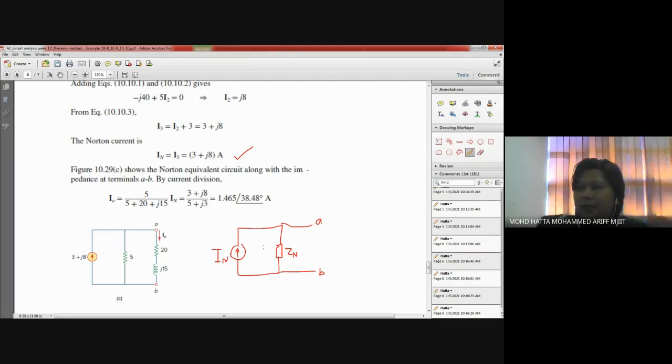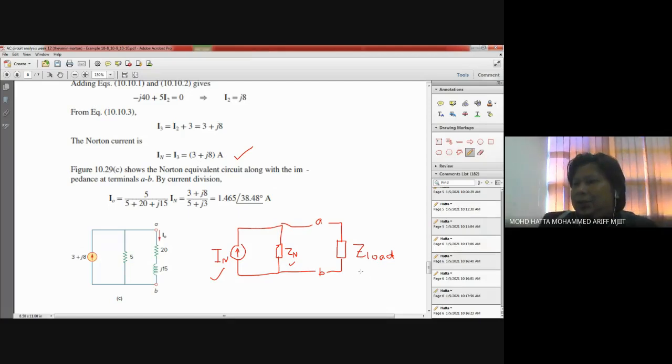Now, remember that first we remove any elements connected across terminals A and B. So after you find IN and also Zn, this is where we connect back our component over here. The component, maybe I label it as Z load, or Z, whatever Z you like.